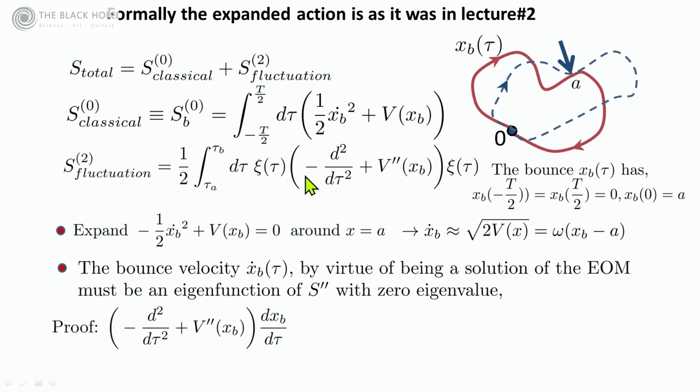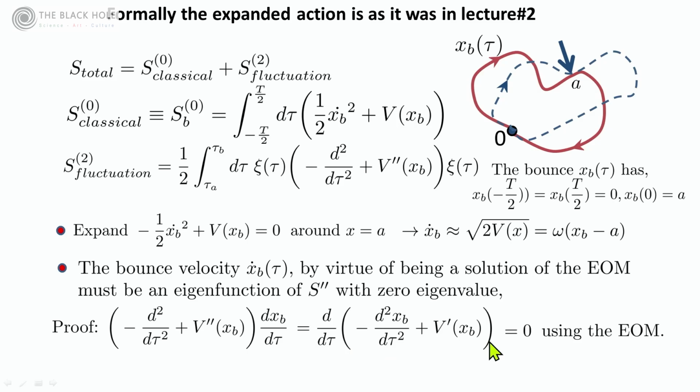So anyway, this is pretty easy. If I take this operator and apply it on dxb by d tau, then because d by d tau commutes with d squared by d tau squared, you get d by d tau of this, and the equation of motion says that this is equal to 0. Hence, dxb by d tau is an eigenfunction of this operator with 0 eigenvalue.